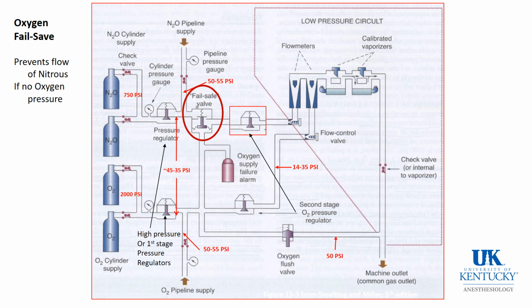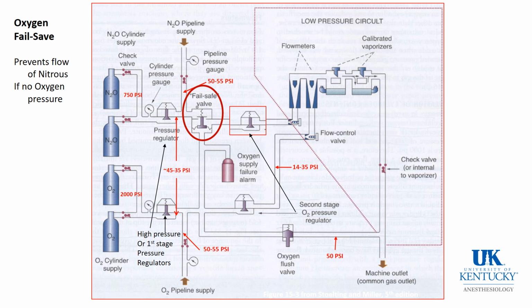So I guess I should go back over this. This is designed so that if the oxygen fails and the nitrous is still on, this pressure fail-safe will turn off when the oxygen pressure line, which it's sensing here, goes below 50, and will prevent any nitrous from getting into the system.